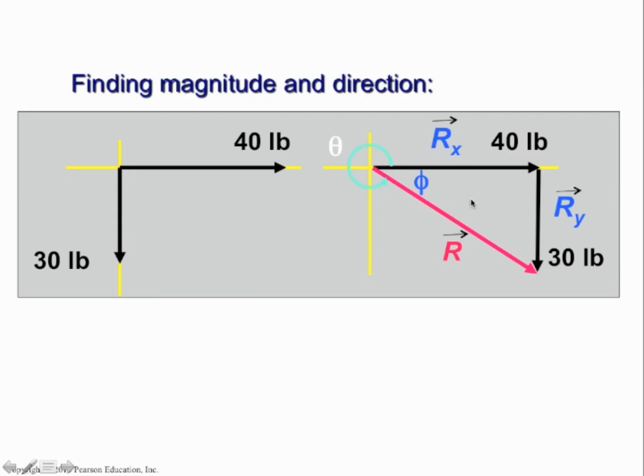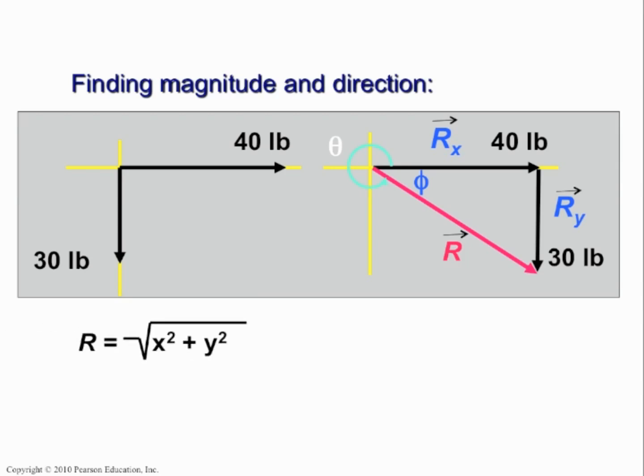But the angle that we're interested in, or the reference angle, if you like, is the angle phi. The angle phi is really the only angle that we care about. Okay, so at this point, you should be able to figure out the magnitude of the resultant and the direction of the resultant based on what you're given. Pause the video, do that on your own, and then resume when you have your answer.